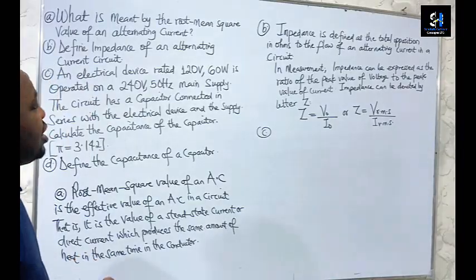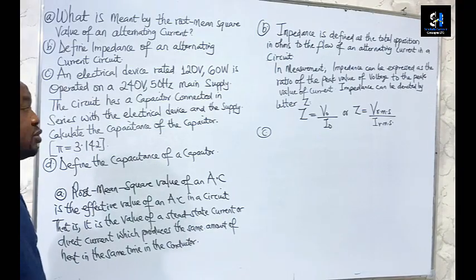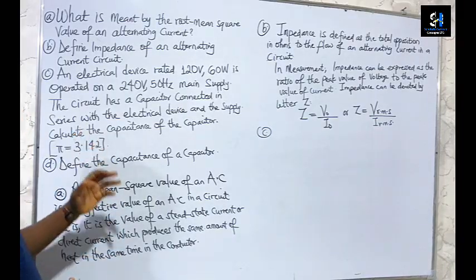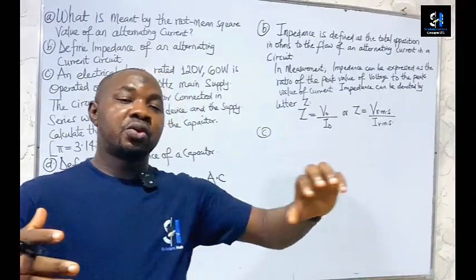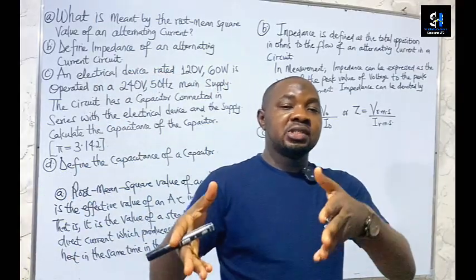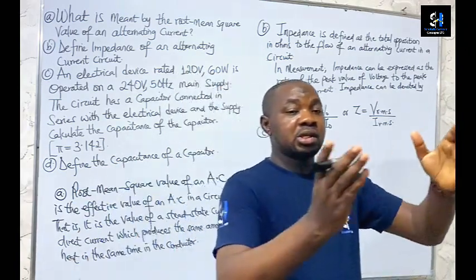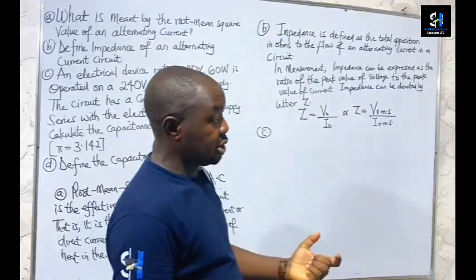Part C: an electrical device rated 120 volts, 60 watts is operated on a 240 volt, 50 hertz main supply. The circuit has a capacitor connected in series. So this is where we have a series connection of a resistor to a capacitor in an alternating circuit.